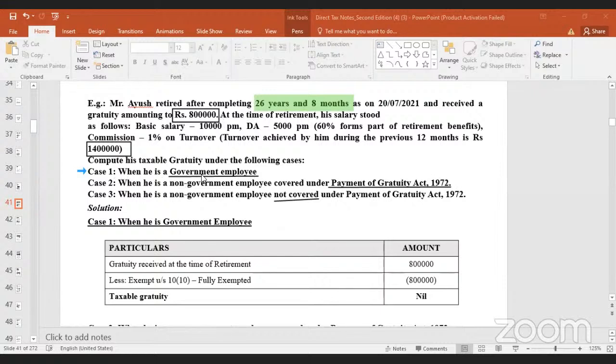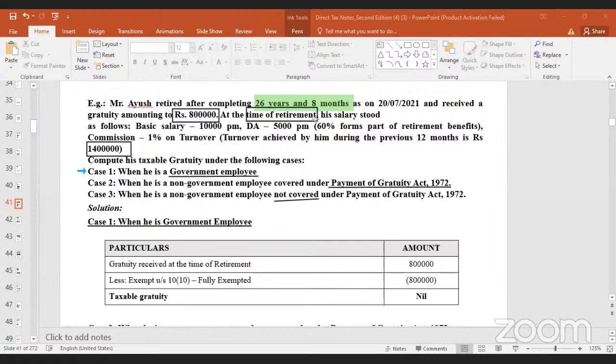In case 1, they didn't use the word retirement, but they've used the words received at the time of retirement, meaning he has retired. So he's a government employee, and he's retired.